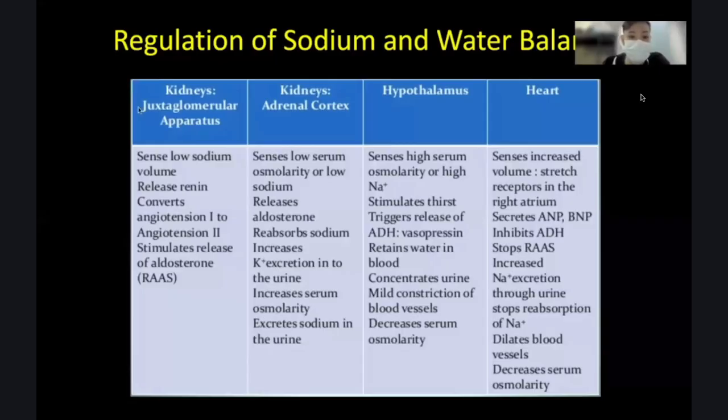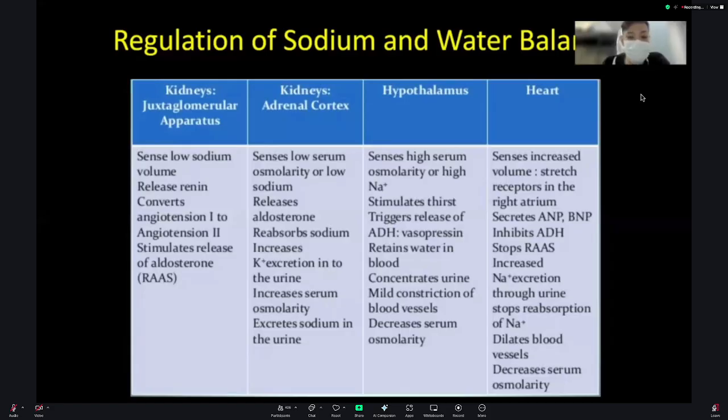For example, in the kidney, the major component responsible would be your juxtaglomerular apparatus. When it senses there is low sodium or low volume, it releases renin. So it follows the renin-angiotensin-aldosterone system, or your RAA system.